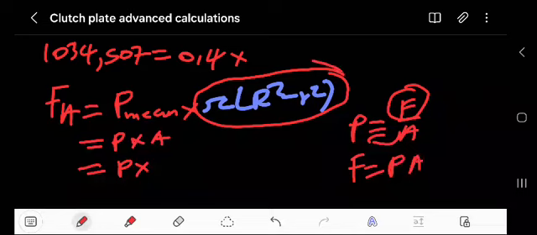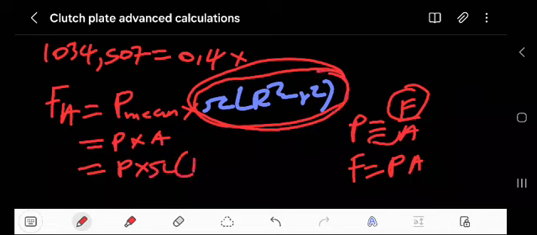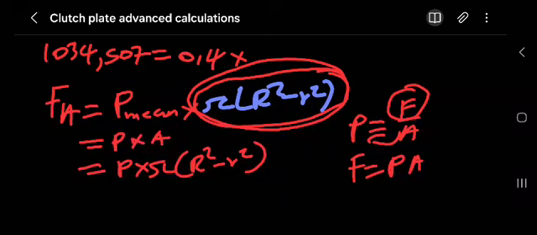But now area is given by pi R squared minus r squared, right? So hopefully you understood this.